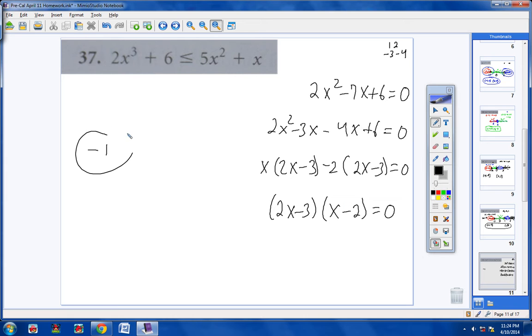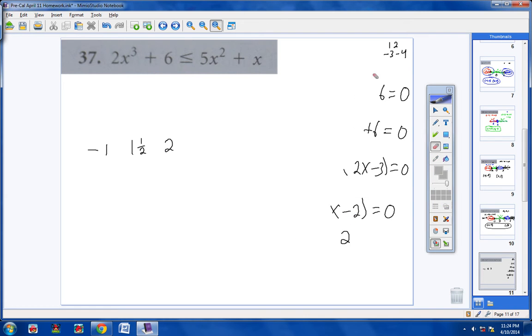So here's one critical value over here. Now the number that satisfies this group would be 3 halves, or 1 and 1/2. And of course 2 satisfies this group right here. So there are your 3 critical values.